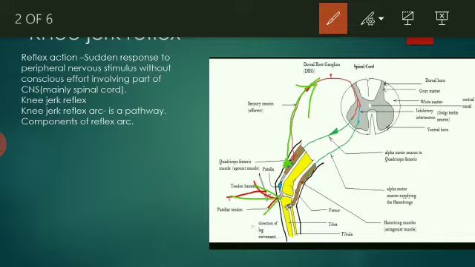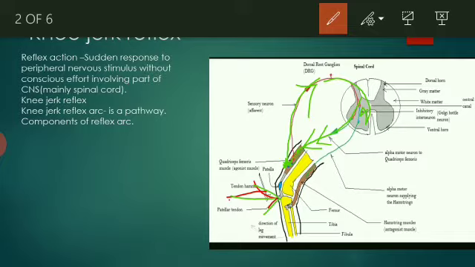The impulse from the afferent neuron reaches the spinal cord, and from the spinal cord the impulse will reach a neuron called the motor neuron. Understand? This motor neuron is also called the efferent neuron.